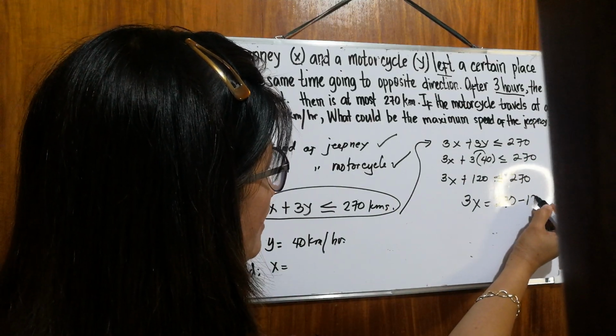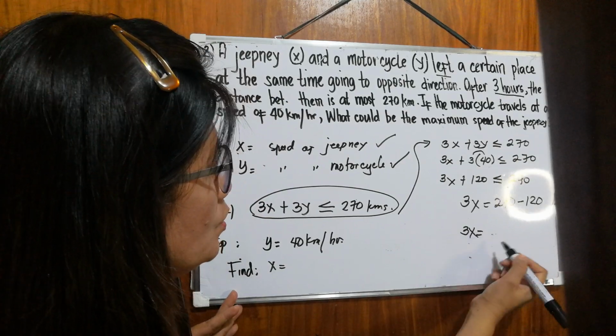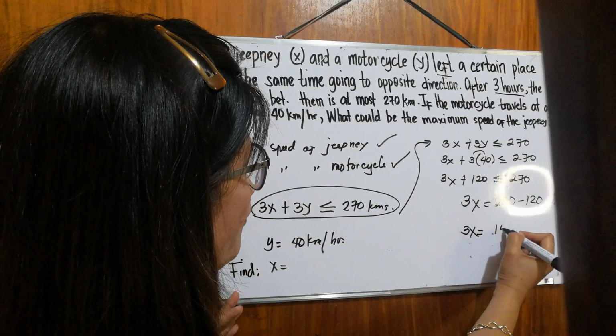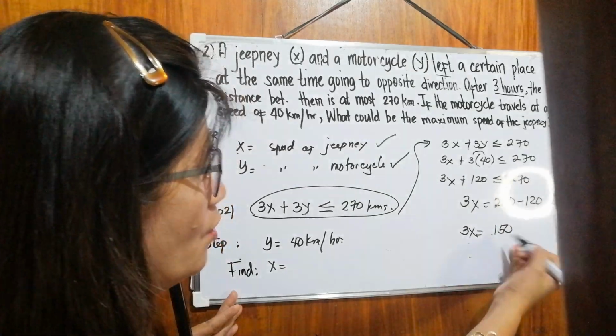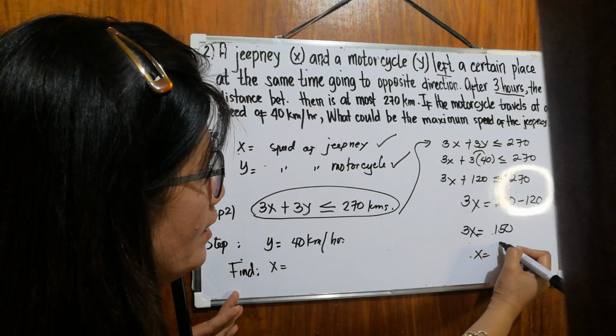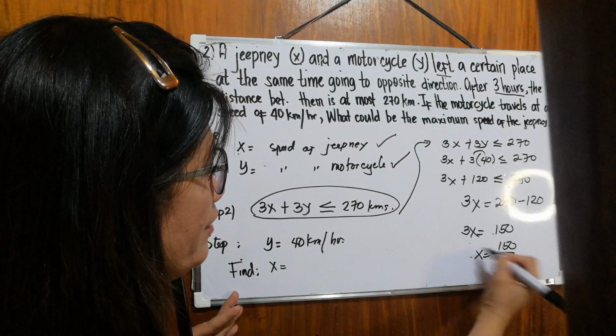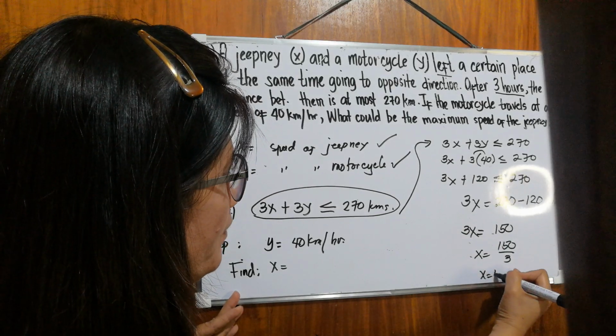It will be negative 120. So 3x is equal to 150. Well, 270 minus 120 is 150. To find x, we will divide 150 by 3. So, x is equal to 50.